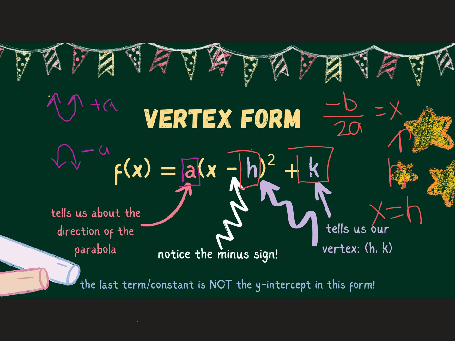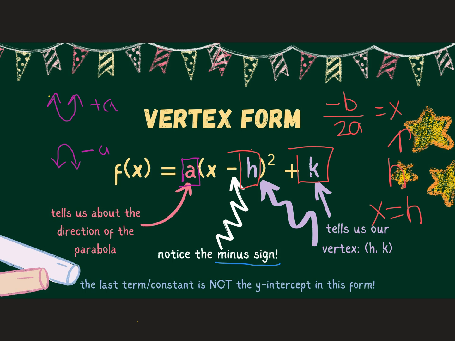Where we do need to be careful in using this vertex form is if you look at this, notice the minus sign. That minus sign is part of the formula.